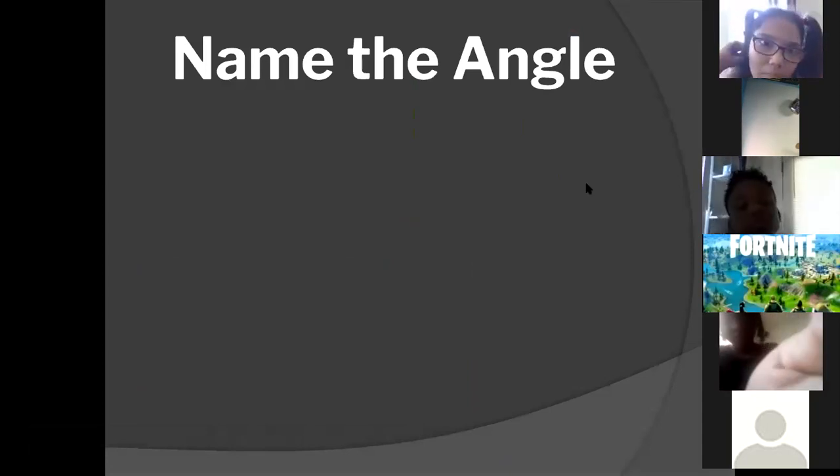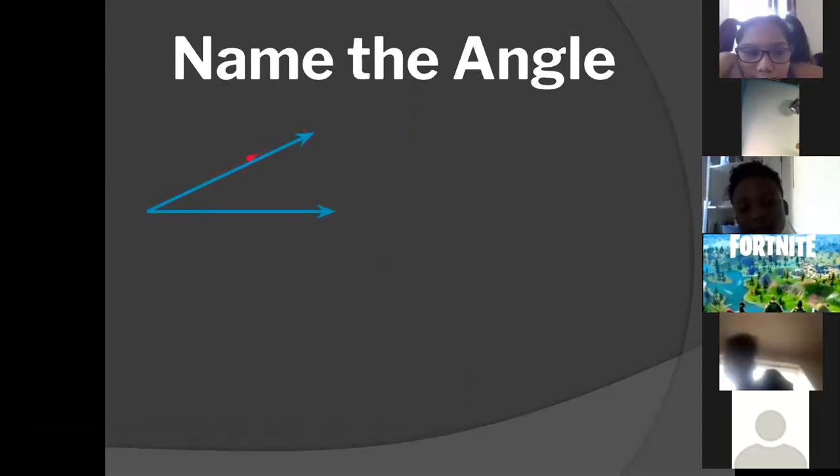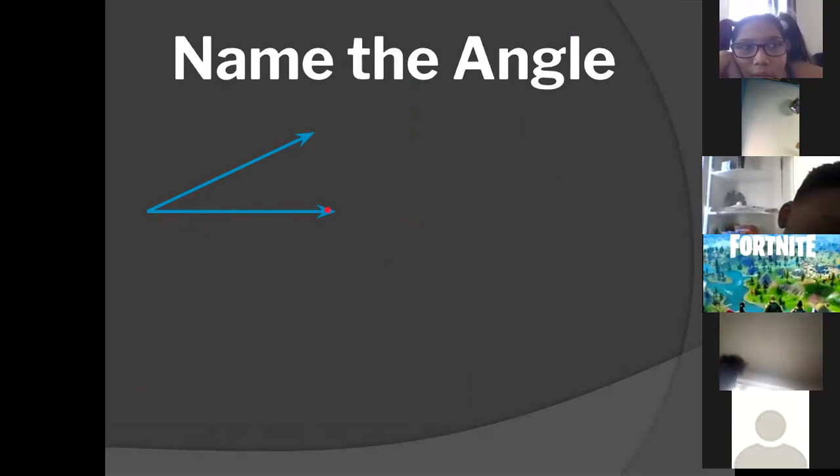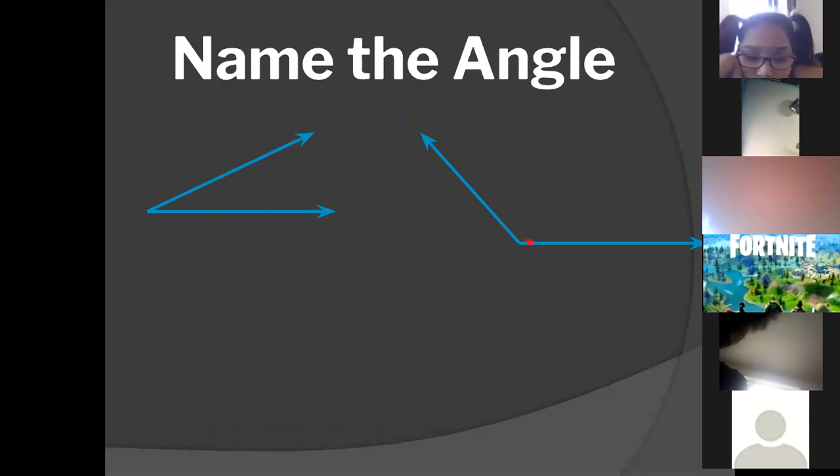Good. All right, we talked about the angles, right? When an angle is less than 90 degrees, it's a cute little angle. That is an acute angle. When an angle is more than 90 degrees, it's kind of a fat angle, it's obtuse.